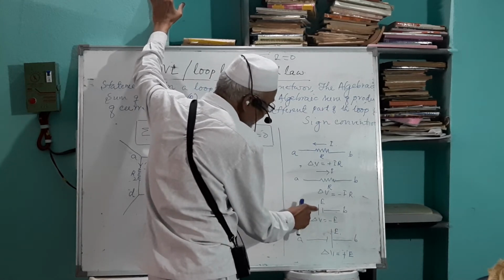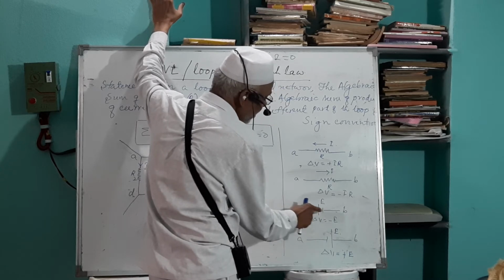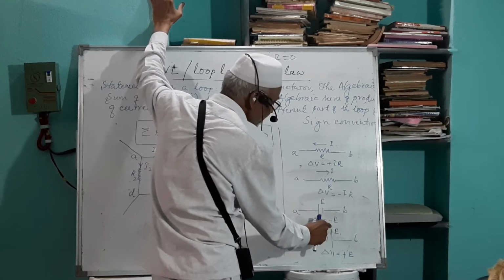In this case, this is the higher potential and this is the lower potential. Therefore, the EMF of this cell is negative.